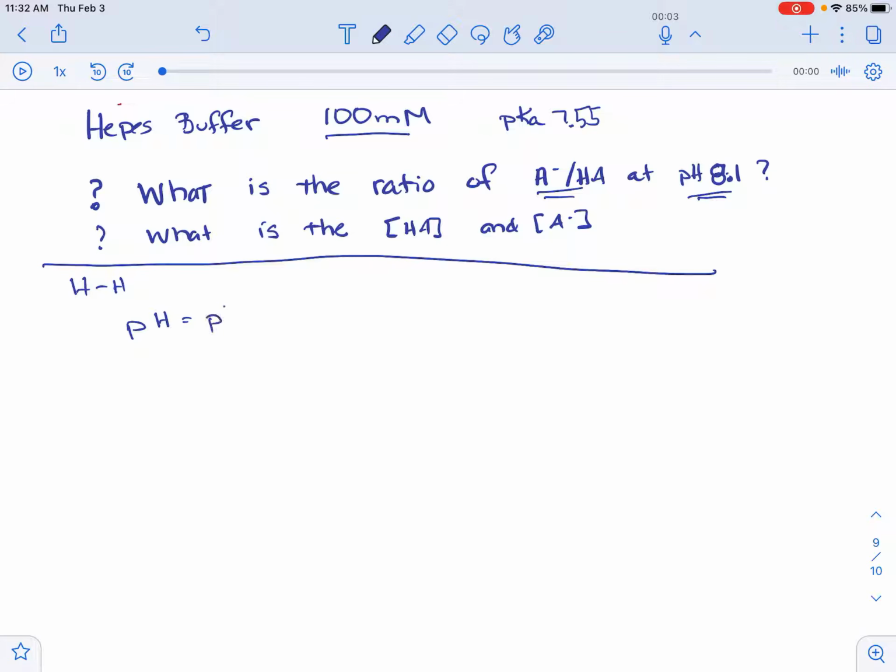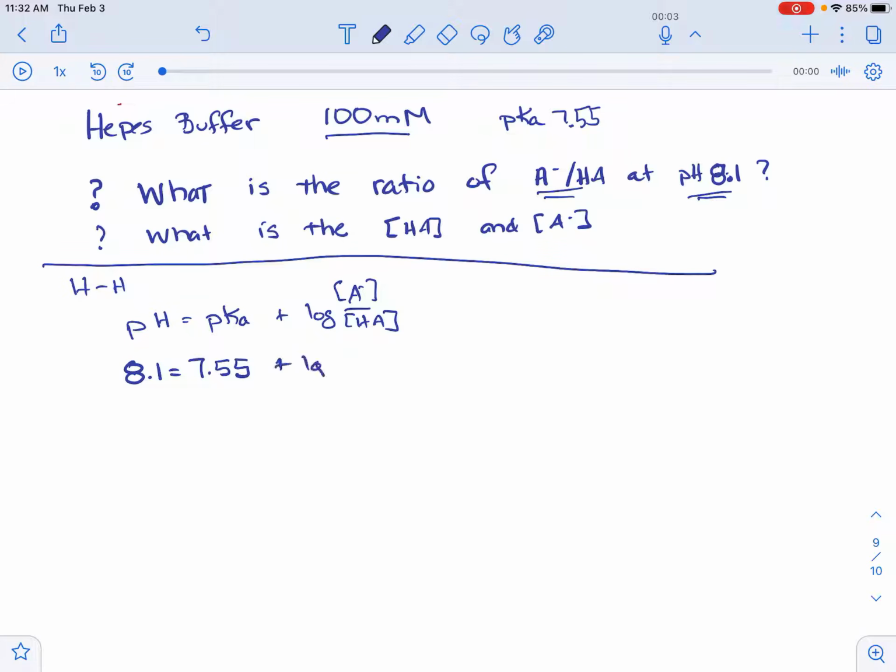pH equals pKa plus the log of the concentration of A minus over the concentration of HA. We were given the pH, it was 8.1. pKa is a constant, that's something you would look up in a table.